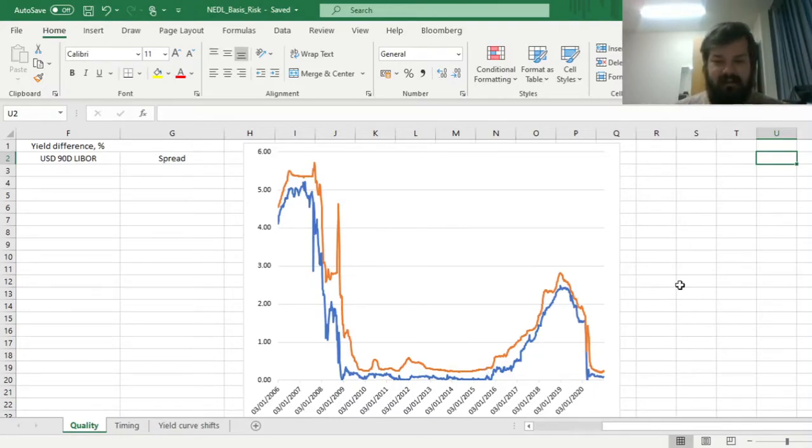You can see that the dynamics match quite well, and there is a notable spread between the two, this spread being relatively stable, apart from some weird blips occurring over here, most notably and most recently around the beginning of April 2020. So what went wrong here?